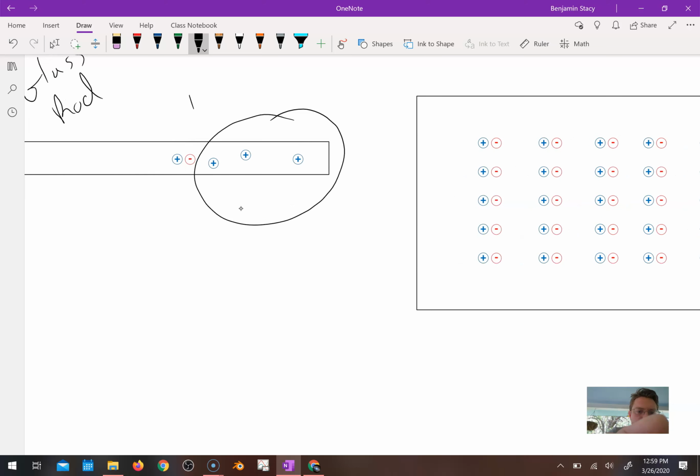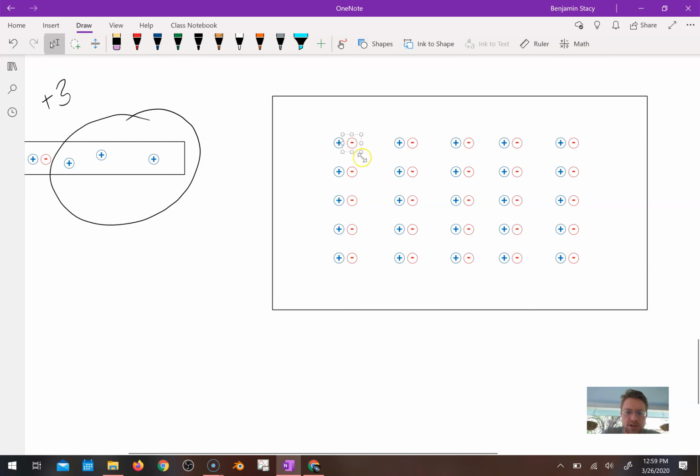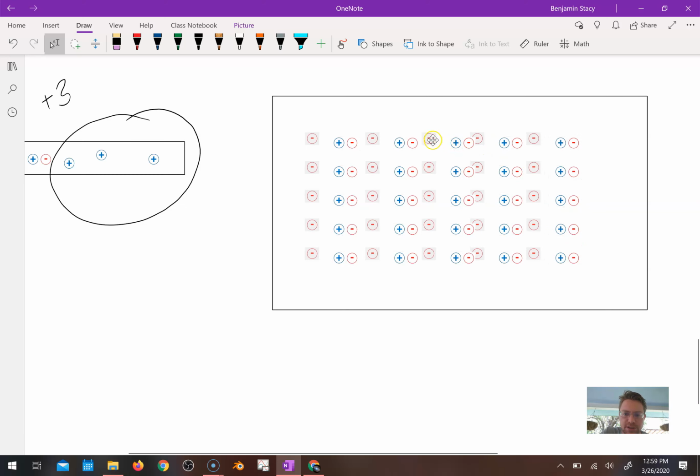So let's say this thing has a charge of plus 3, so it's going to attract electrons in the material. So if we grab our electrons again, when that glass rod, which is net positive, comes close to our neutral material, it's going to attract the 25 electrons that we have in there, and shift them over slightly to the left instead of being repelled to the right.